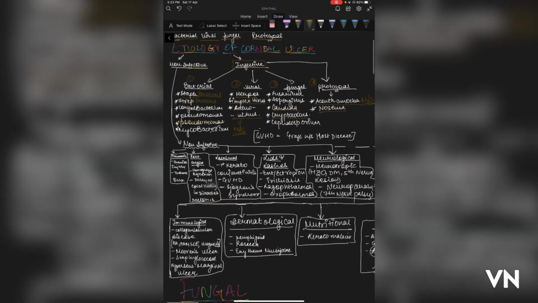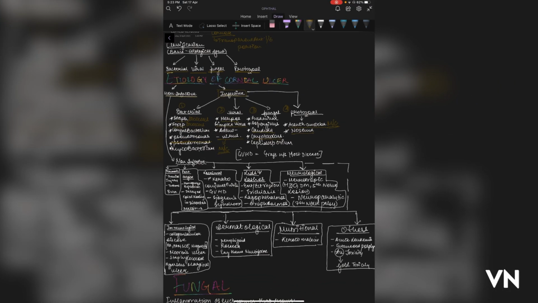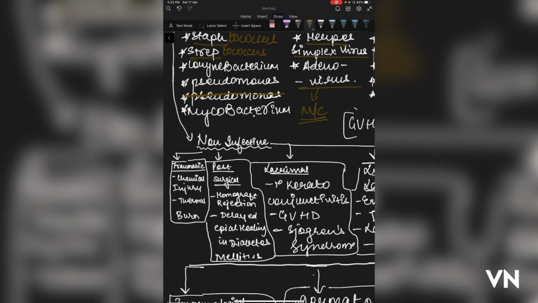Now, the non-infective causes are basically causes other than the pathogenic causes. The first one is trauma to the eye. How can it be? It can be a direct blow, that can lead to corneal rupture and superadded infection and corneal ulcer.